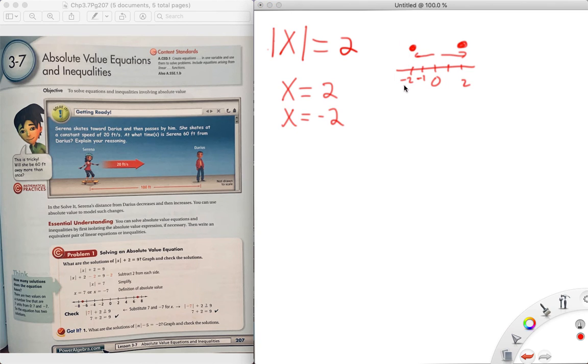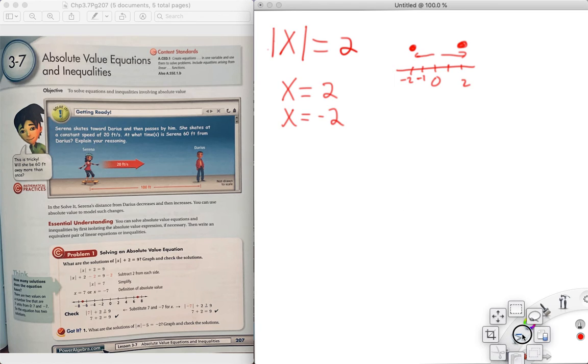So absolute value deals with the distance from 0, but there's 2 different directions from 0, to the right and to the left. So when we solve for these, we're going to have 2 scenarios. One scenario where we deal with going in the right direction, and one scenario when we're going into the left direction. So you're going to have 2 sets of answers for 2 different directions.